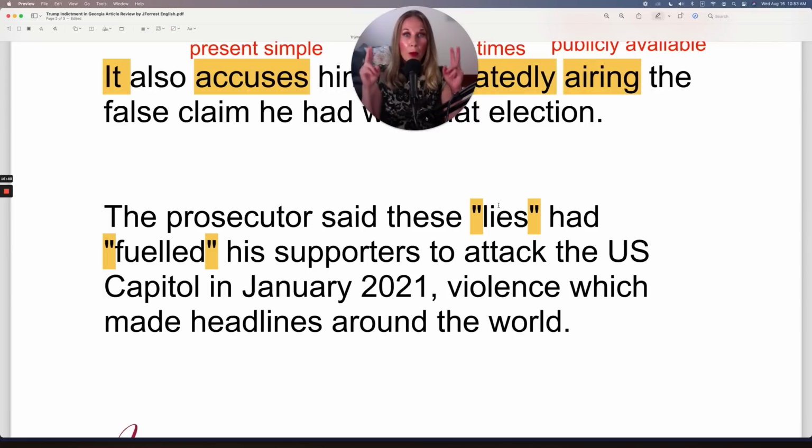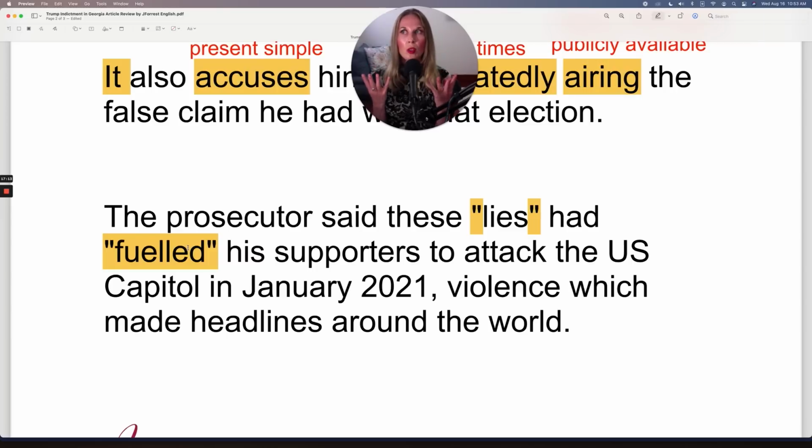Now, by putting these quotation marks, it's emphasizing the fact that this has not been proven. So it's not been proven that the words were in fact a lie. And it's not been proven that they fueled these attacks. Because of that, they put the quotations on to make sure you know this is just the opinion of the prosecutor and not fact.